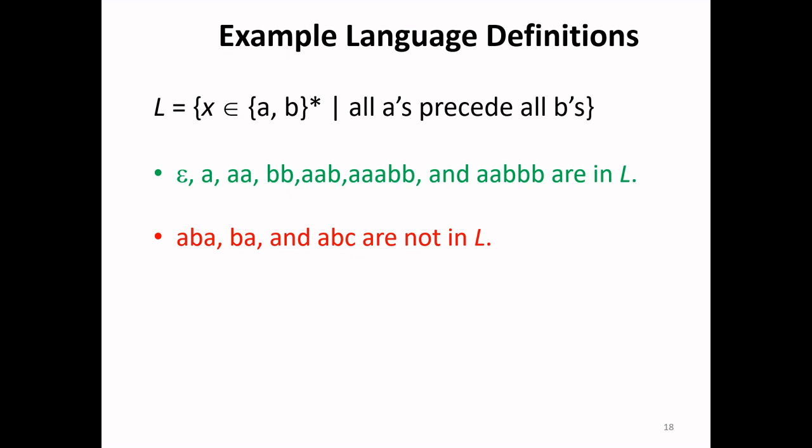Next, ABC. This string does not belong to this language because C is not present in this alphabet. Only two symbols are present in this alphabet, A and B, whereas we have included C. Hence, the string ABC does not belong to this language.